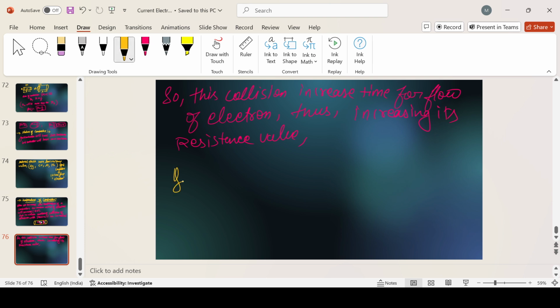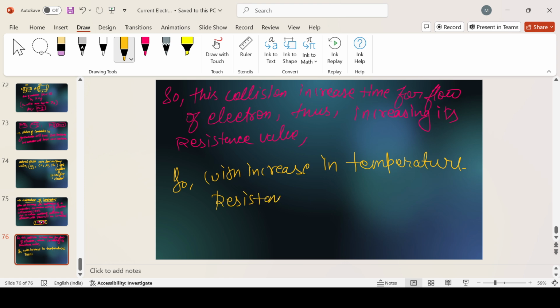So with increase in temperature, resistance also increases. Got it, everyone?